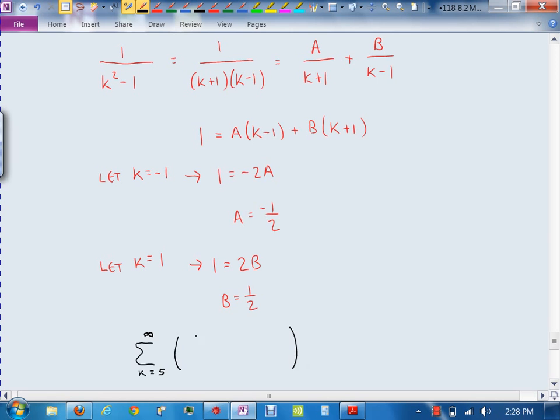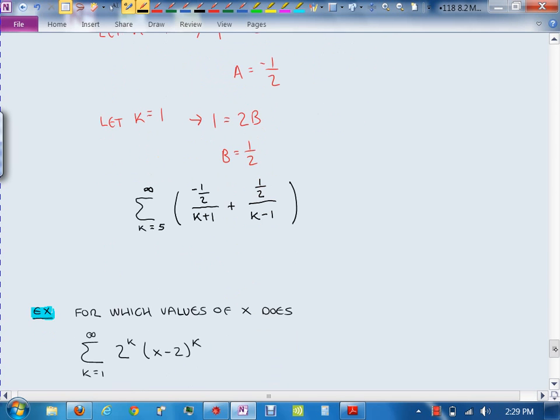Negative 1/2 over k plus 1 plus positive 1/2 over k minus 1. Y'all see what I've done? No questions? Sure.